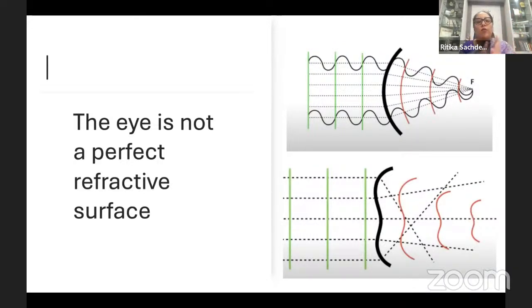Now, once this waveform moves through the optical surface, if it is a perfect optical surface or a refractive surface, there will be no distortion in the waveform. It will come to a precise focus. However, because surfaces are often imperfect, there will be aberrations introduced and the waveform will get distorted. This distortion or this deviation from the normal is what we measure when we measure wavefront aberrations.